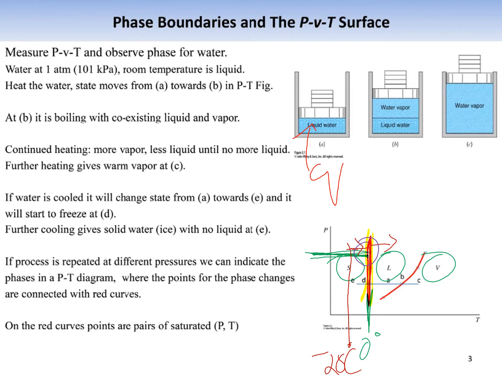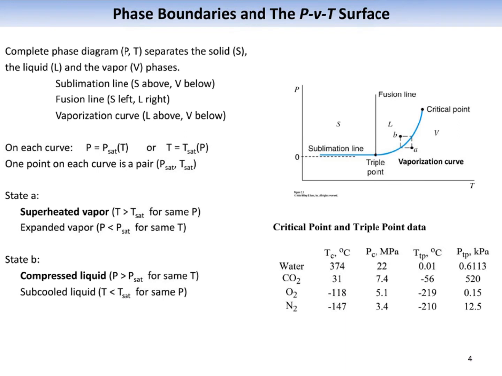Therefore, if we look into this graph and study it in detail, it will let us know what is the fusion temperature at which solid coexists with liquid, what is the saturation temperature and saturation pressure at which the liquid coexists with vapors, what are the temperature and pressure sets at which superheated vapors exist, and what is the triple point at which liquid, solid and vapors coexist at a single point.